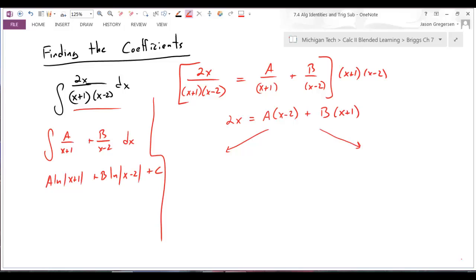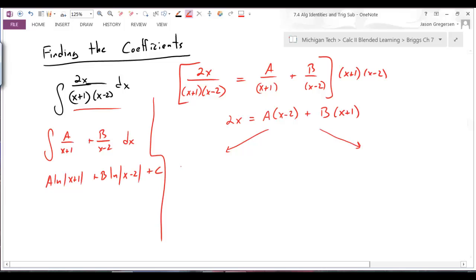If I reorganize this, I should get a first degree polynomial, something times x plus some constant. Once I regroup it like that, I can compare it to this polynomial. This is also a first degree polynomial. It's 2 times x plus 0. For two polynomials to be equal, their coefficients have to be equal. Whatever the coefficient of the x term is over here, it has to equal the coefficient of the x term over here.